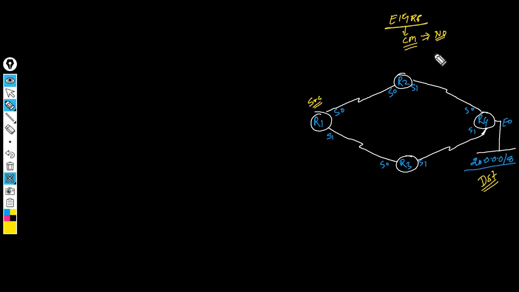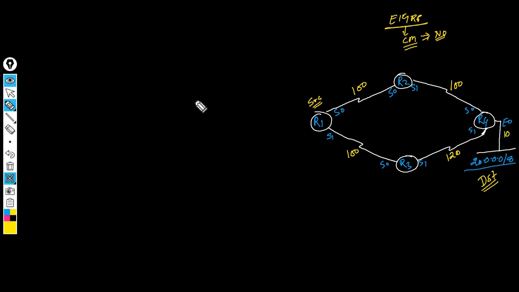Say for example, I am taking the composite metric here as 100, here also 100, here also 100, here let's say 120, and here let's say 10.